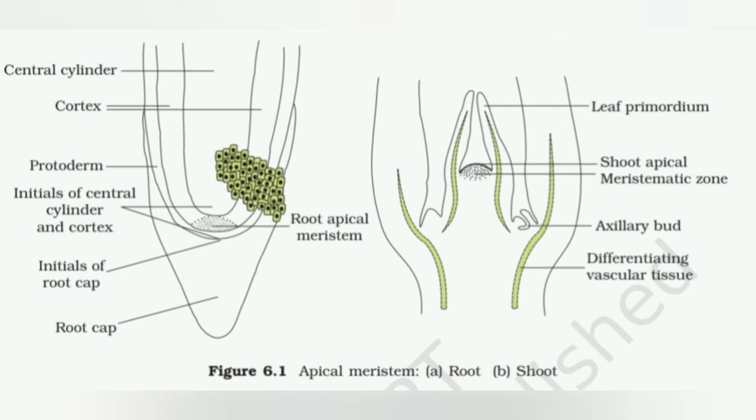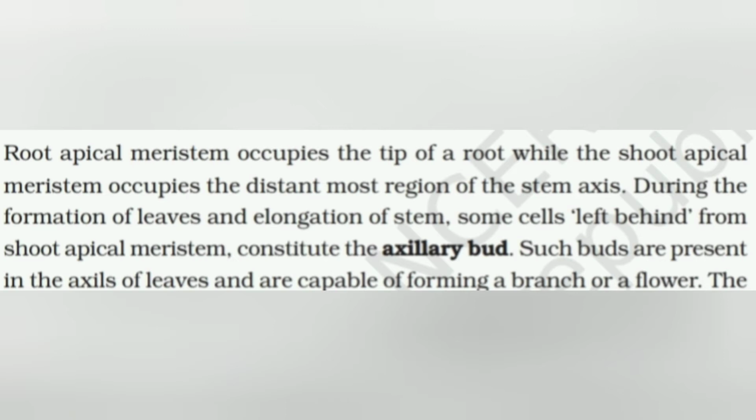Here the shoot tip also consists of a shoot apical meristematic zone in which the actively dividing cells are present. The minute dotted structures are known as root apical meristem and shoot apical meristem. Root apical meristem occupies the tip of the root, while shoot apical meristem occupies the distal-most region of the stem axis.